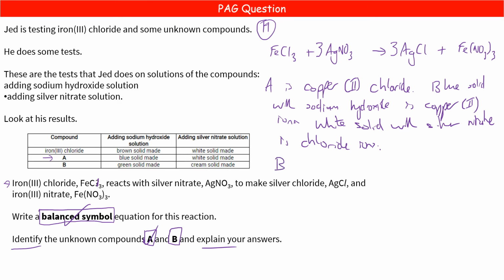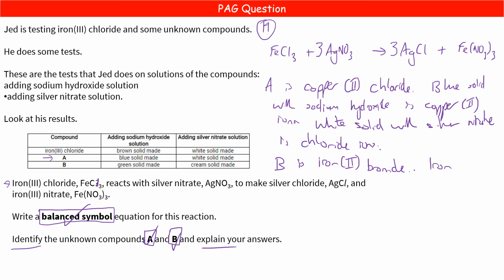So B, we make a green solid in this case. So a green solid is going to be iron 2 and cream bromide. So we've identified it, tick, now we explain it.